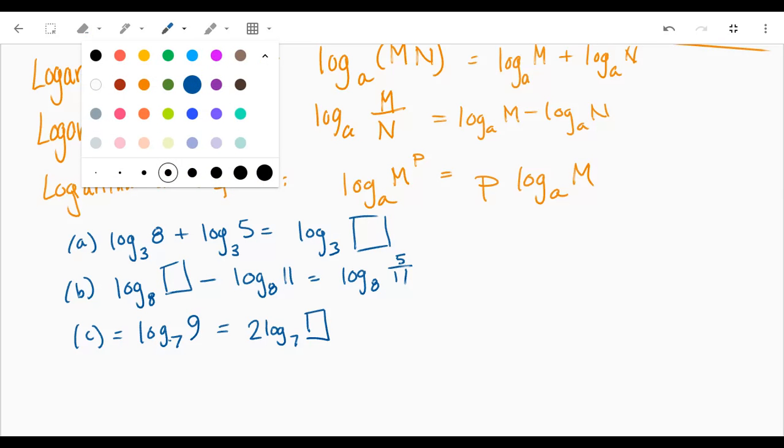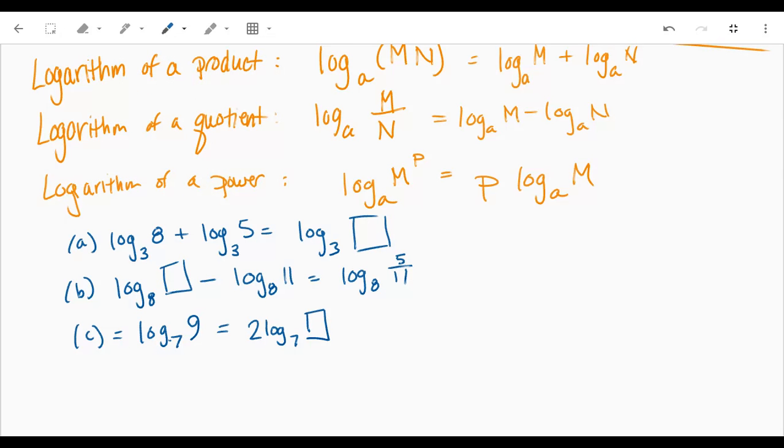All right, in the first one, the properties that we're using go right in the order of how we wrote them. Log base 3 of 8 plus log base 3 of 5 would be log base 3 of 8 times 5. So that one would be 40. And then we have subtraction. So log base A of m minus log base A of n would be log base A of m over n.